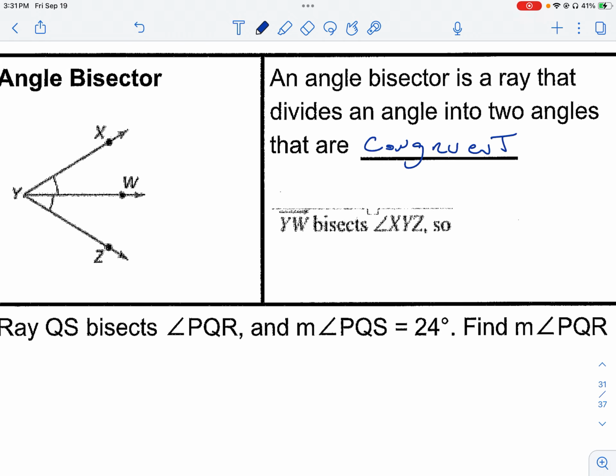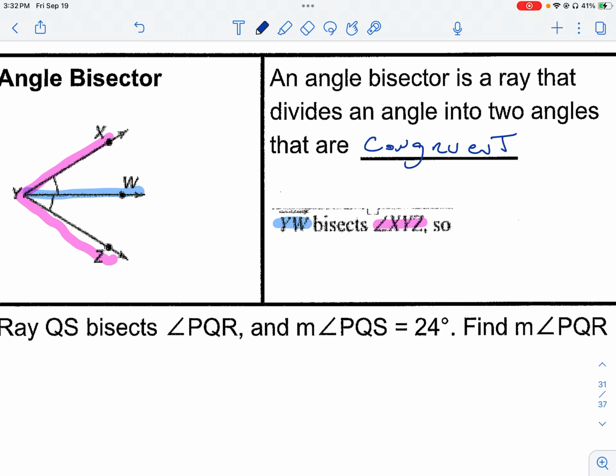So ray YW right here bisects angle XYZ right here. So what does that mean to us?